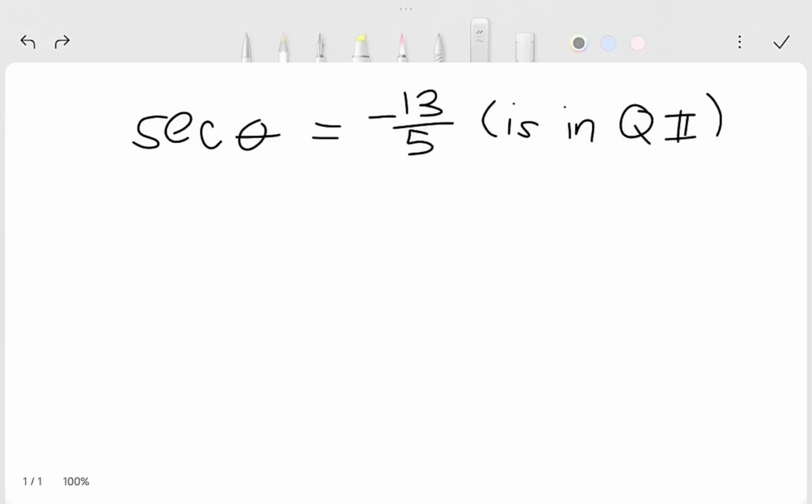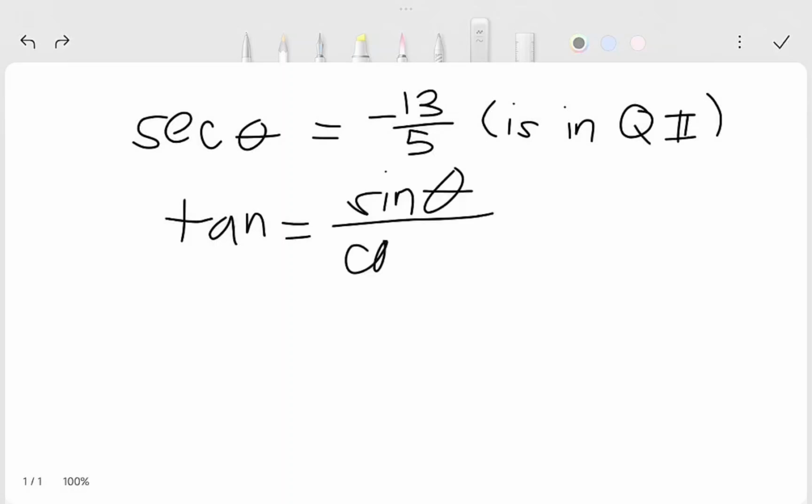So now, since we have the value of cosine and sine, we will find the value of the tangent. So tangent is equal to sine theta over cos theta. So let's just put the values.